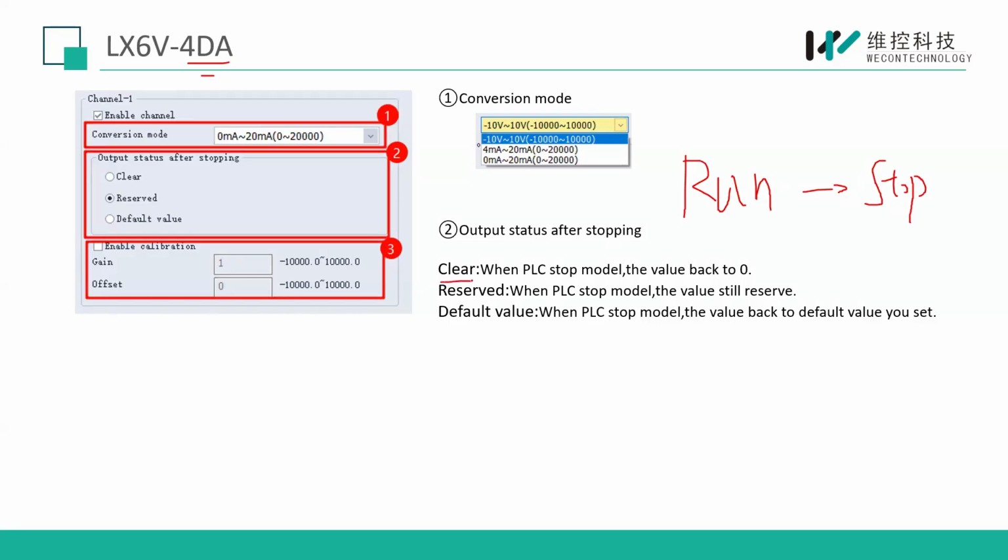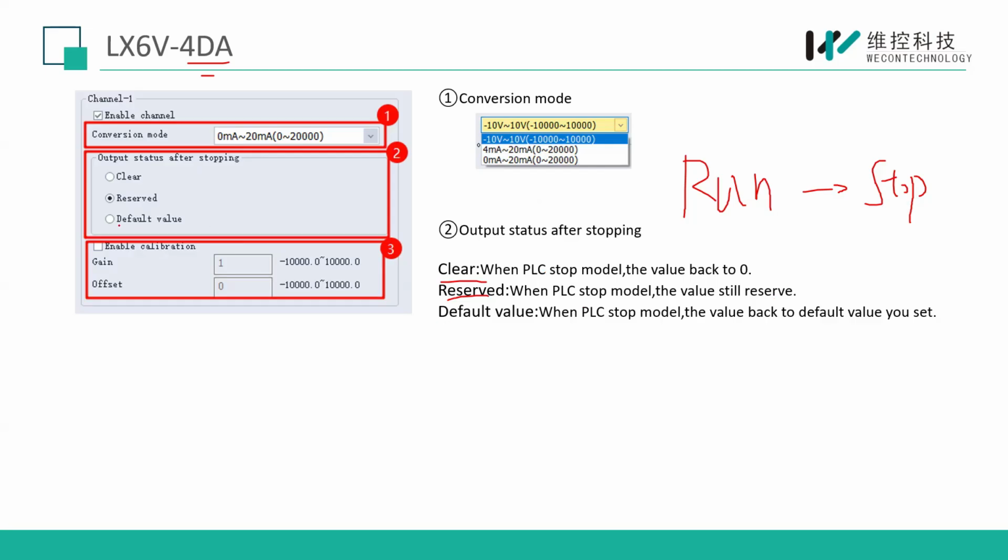If we choose clear, then when the PLC is in stop mode, the value will go back to 0. If we use the reserve, the PLC becomes stop mode, and the value will still keep the value.